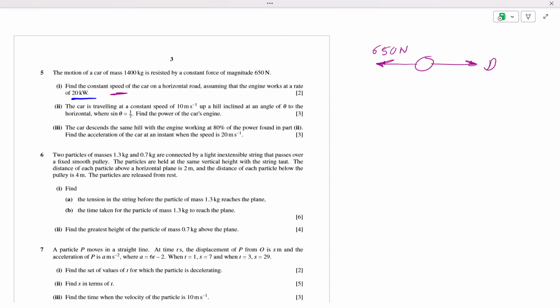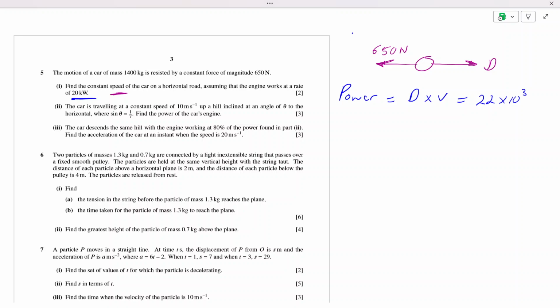We're going to use the power equation. We know that power is equal to driving force multiplied by v, the speed, right? In this case, we have it as 22 kilowatts, which is the same as 22 by 10 to the 3, right?